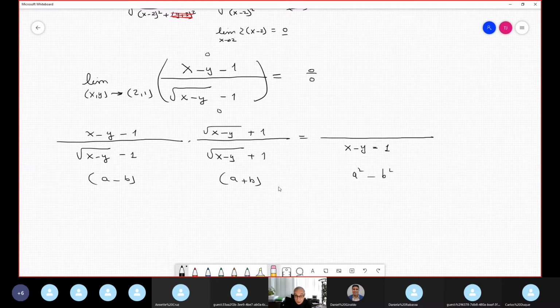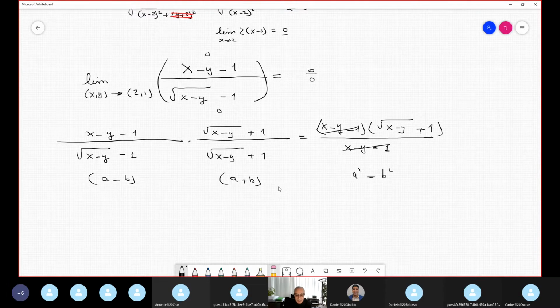So in the top we have x minus y minus 1 times square root x minus y plus 1. Okay, nice. This cancels out. This is the factor I need to eliminate, to remove the indetermination.